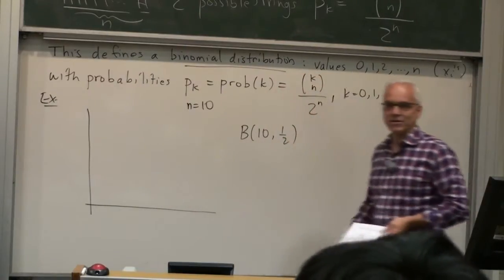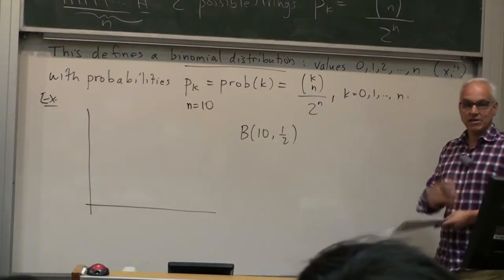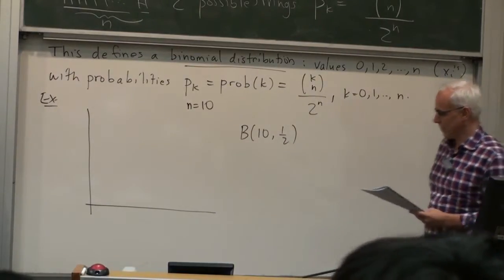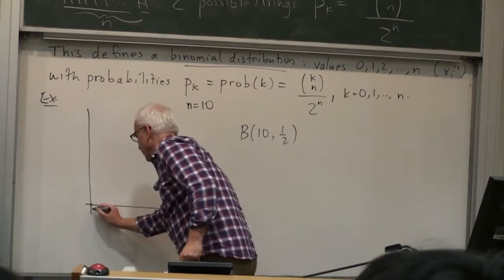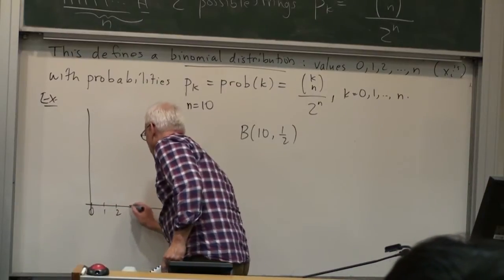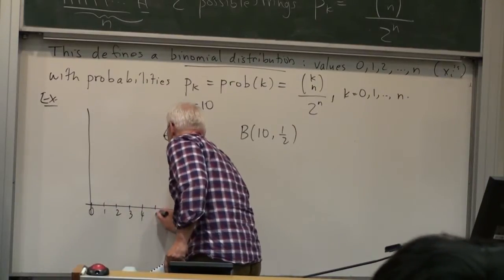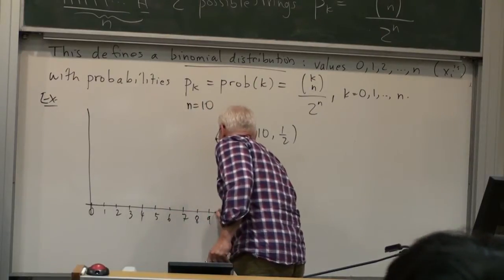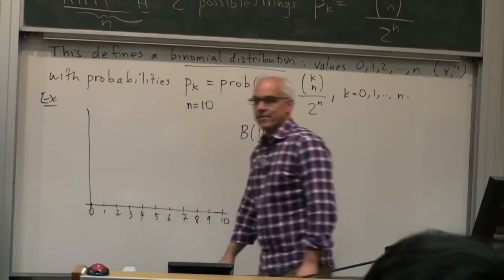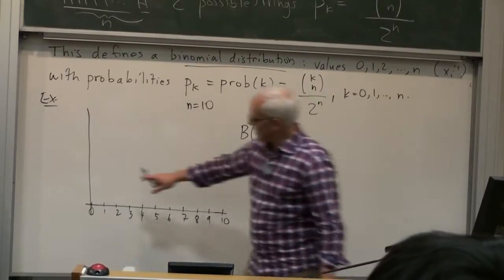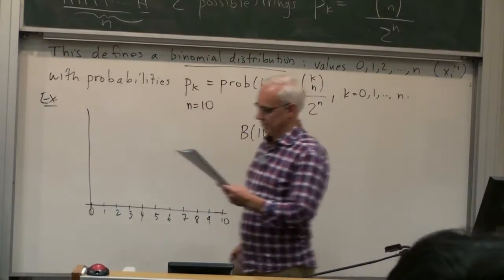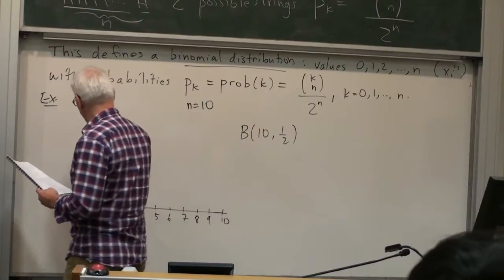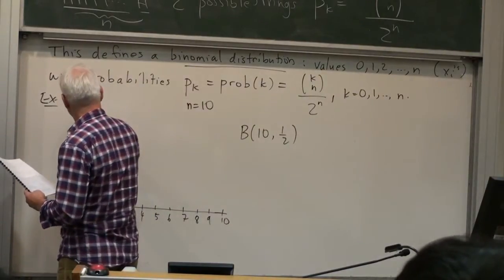We'll see what the half is shortly. This is a distribution. So it has values 0, 1, 2, 3, 4, 5, 6, 7, 8, 9, and 10. And along this scale are the probabilities. And maybe I'll put 0.1 here and 0.2.